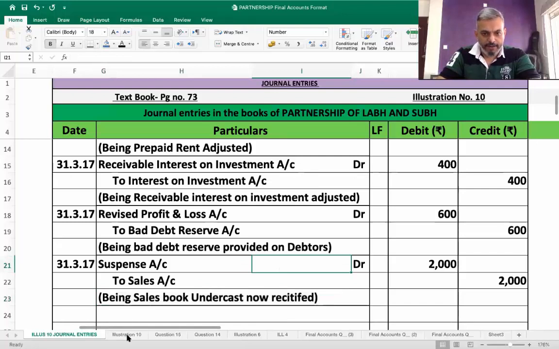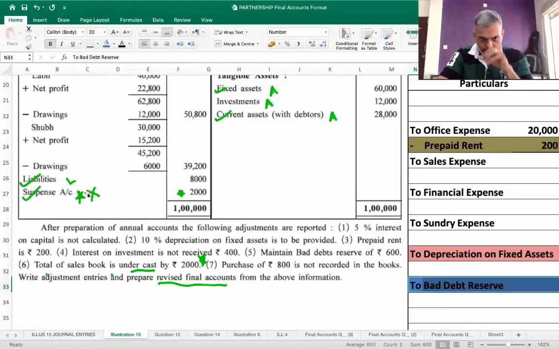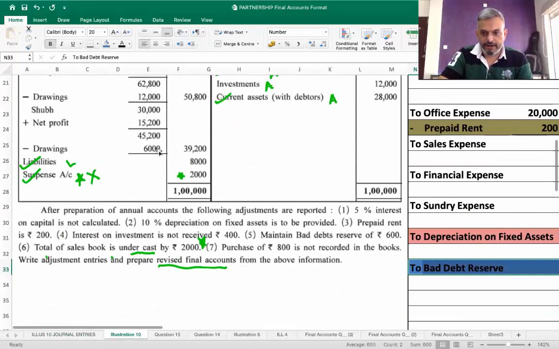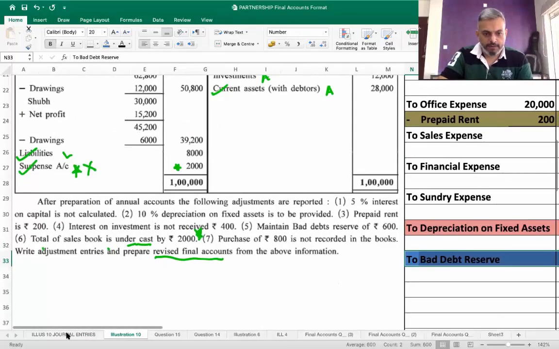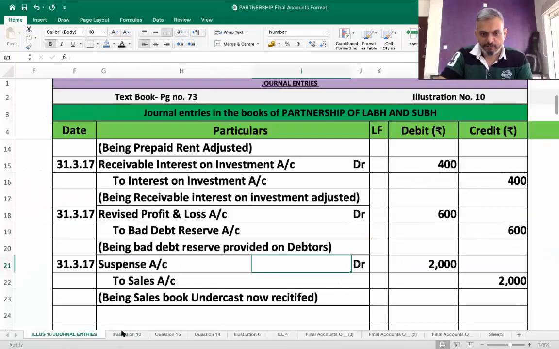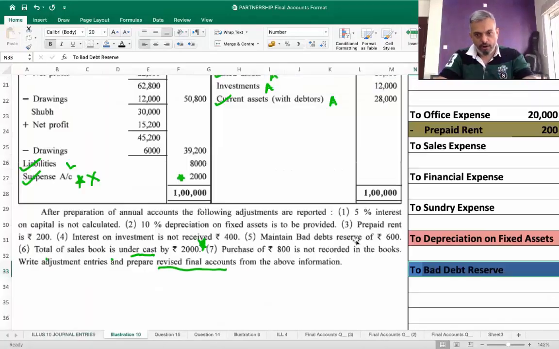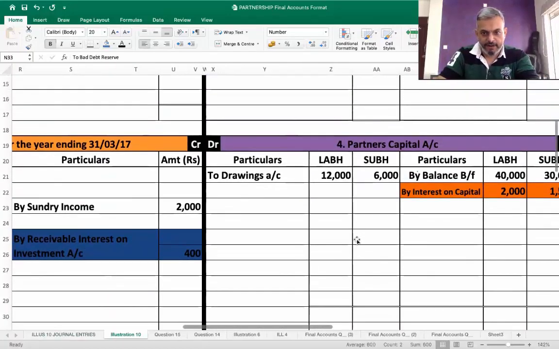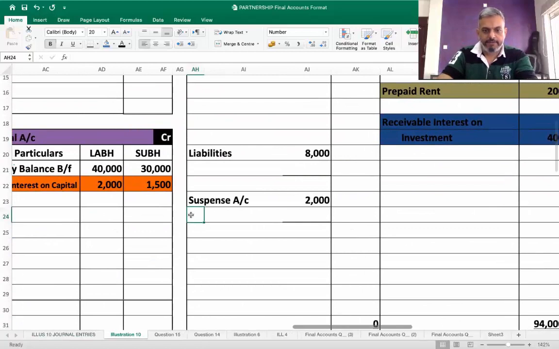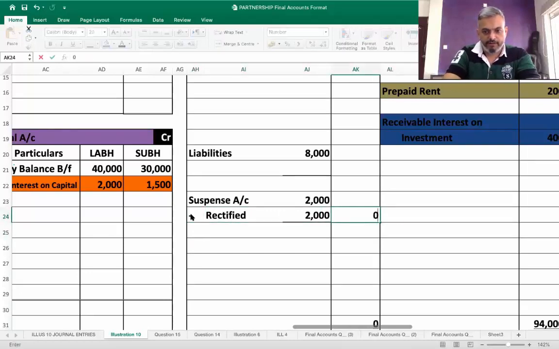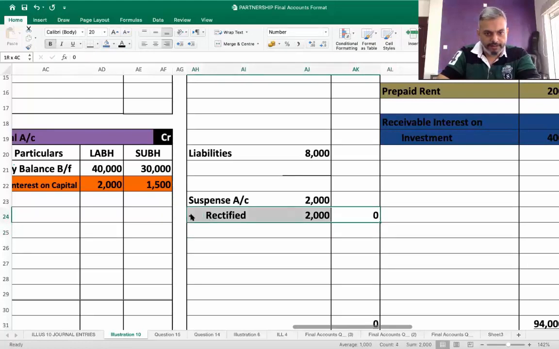Now let's go back to our question. You can see over here, suspense account has a credit balance. So now in the journal entry, you have debited suspense account. So suspense account will go away. So suspense account, inner column, you can write minus rectified 2000, outer column 0, or you may not write suspense account altogether.